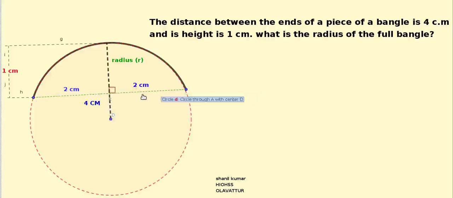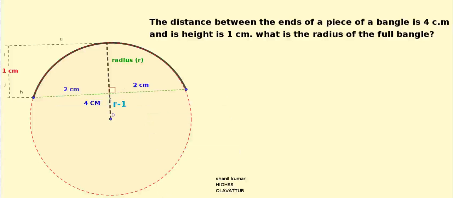Here the center is D. This distance is taken as a chord. So the perpendicular from the center divides the chord into two equal parts, so this is 2 centimeter, and this also is 2 centimeter.